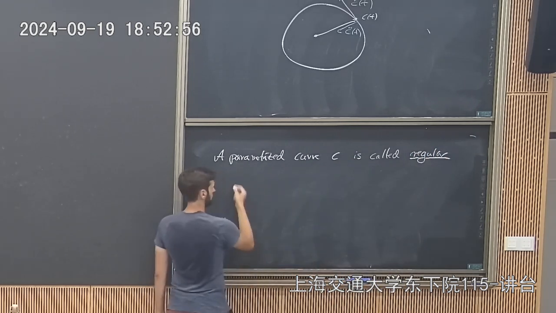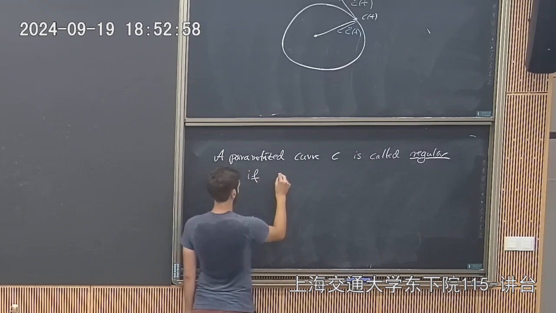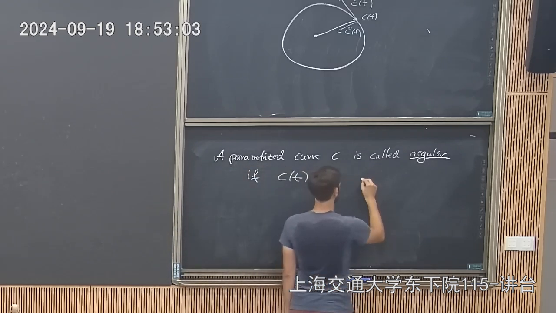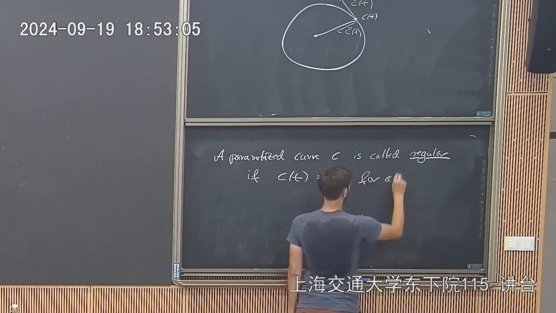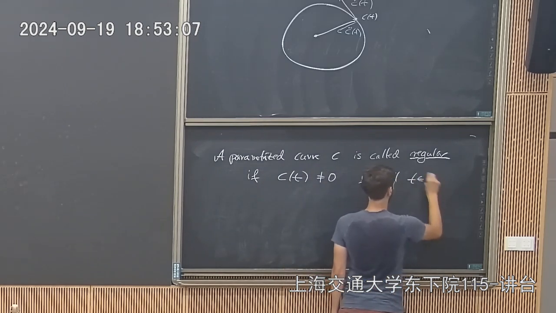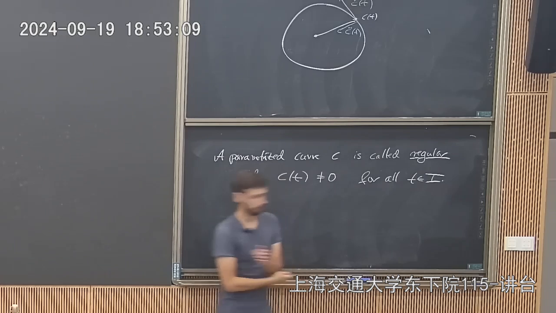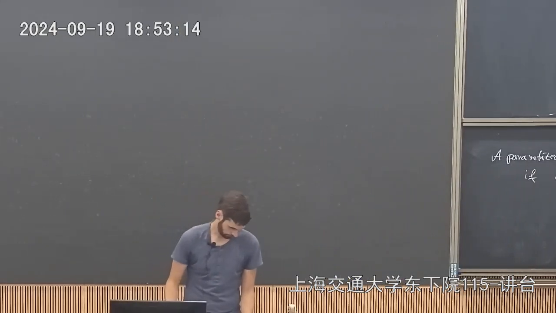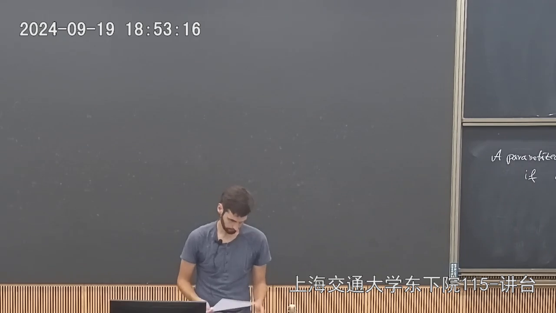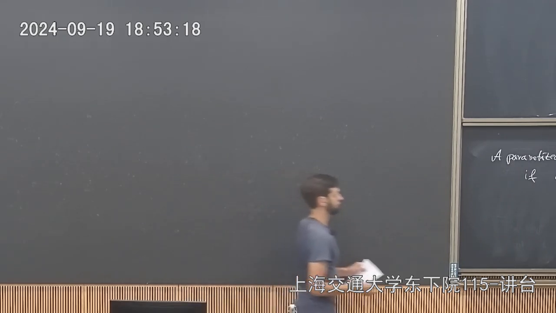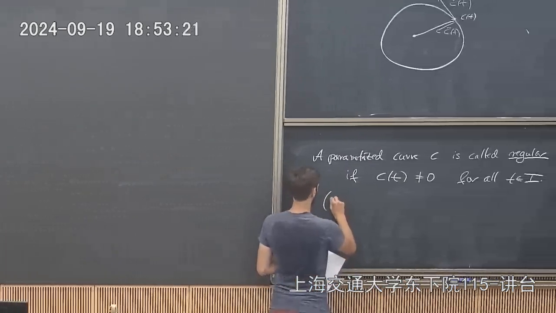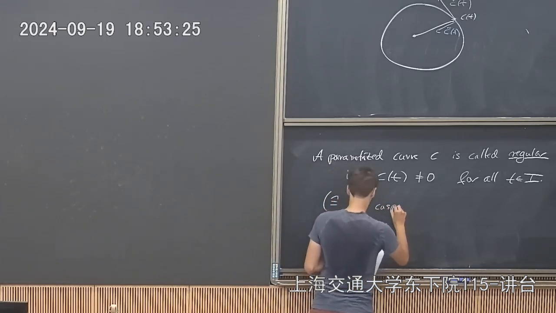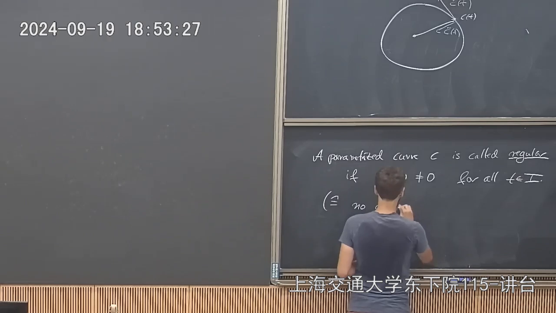We have a curve, it's called regular, if c'(t) is never 0 for all points where it's defined. So geometrically, this corresponds to no cusps or corners.